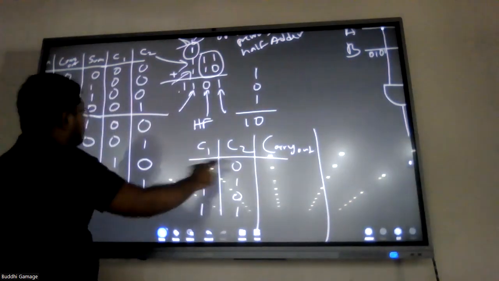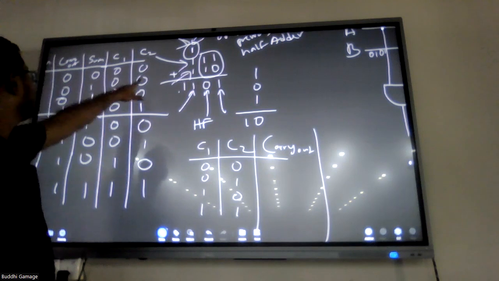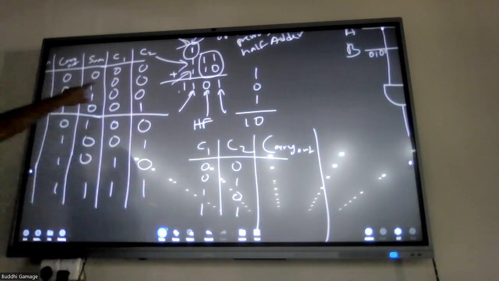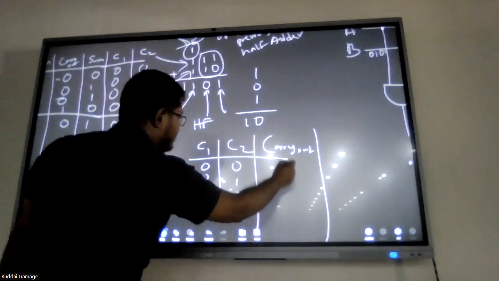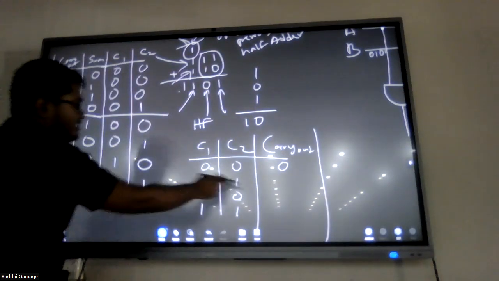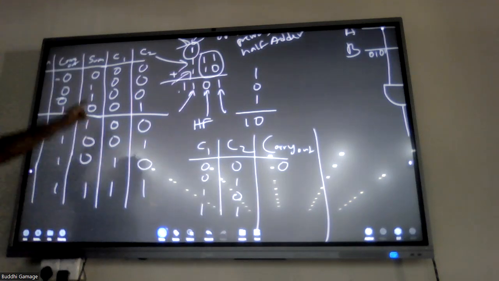For 0, 0, what is the output? Here it is 0, here it is also 0, here it is also 0, and here it is also 0. So this is 0. For 0, 1, it is 1.